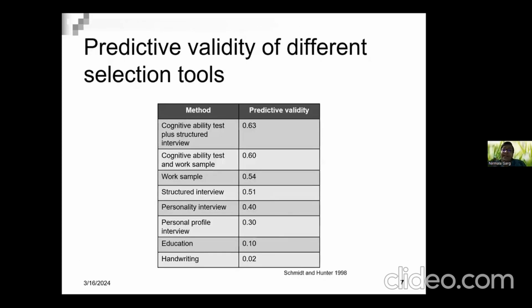Okay, having said that, why should we use it? For example, this is the statistical evidence: if you use handwriting as a criteria for selection, the predictive validity is 0.02, as opposed to a structured interview, which is better, 0.51.